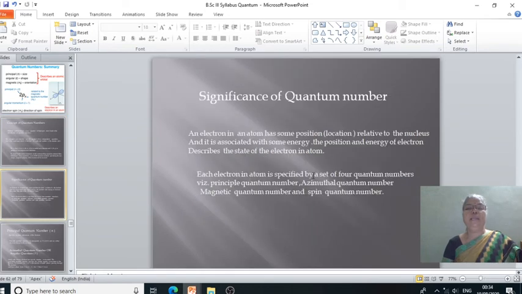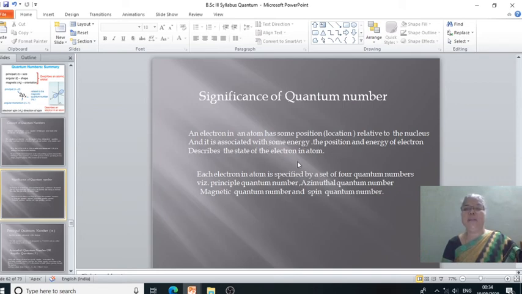Then the significance of quantum number here, an electron in an atom has some position relative to nucleus and it is associated with some energy.